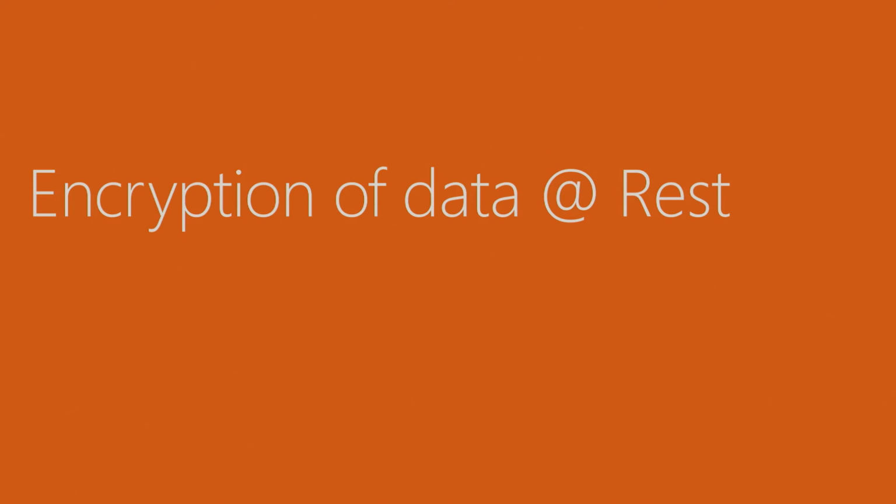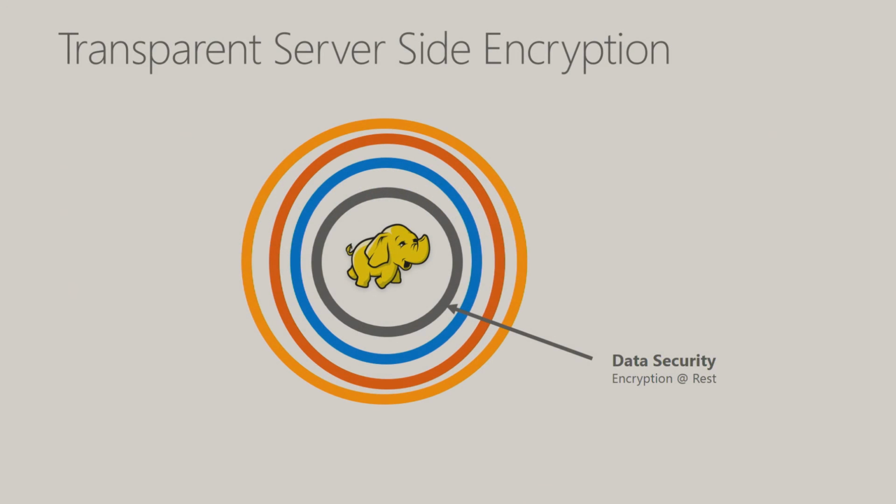The last pillar of security is encryption of data at rest. Now, as I mentioned before, HD Insight works with 2 different types of data stores: Windows Azure Storage or WASB and Azure Data Lake Storage or ADLS. Both these data stores support transparent server-side encryption at rest. And HD Insight seamlessly works with both these data stores.